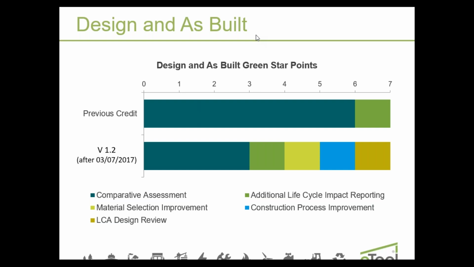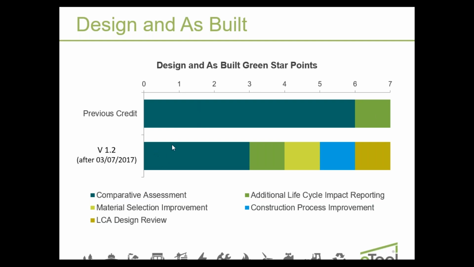With the previous credit 1.1, we had a different assessment. So we had the comparative assessment, so LCA, that would give you 6 points. And then if you would report on additional life cycle impacts, like a report on more than those 7 impacts I mentioned before, acidification, carbon, ozone depletion, and so on, then you would get 1 more point. So in total, you had 7 points.